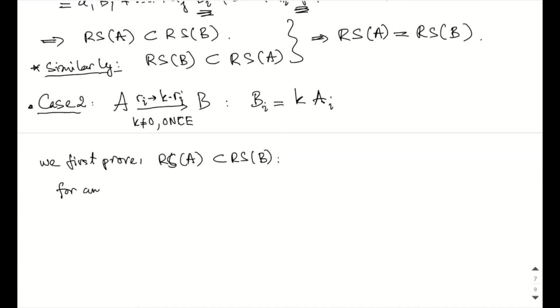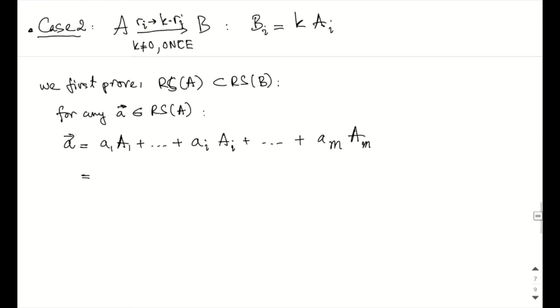Again, the same trick. For any vector a inside row space of A, we will be able to express it as follows. Because the ith row of B is k times the ith row of A, the ith row of A is 1 over k times the ith row of B. So we write this as 1 over k times the ith row of B. And because we didn't do anything on the other rows, they will be exactly B1 up to Bm.